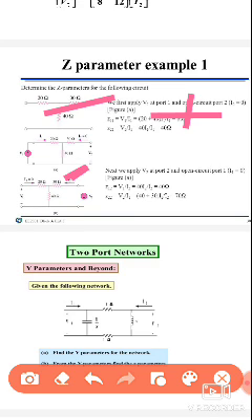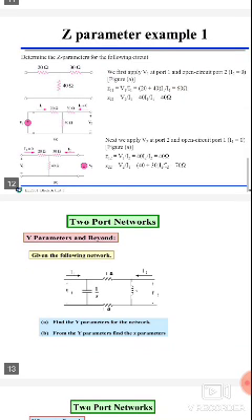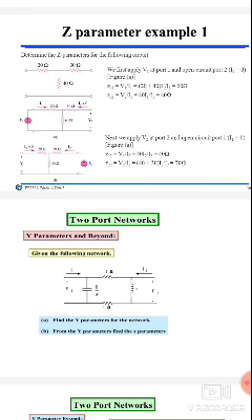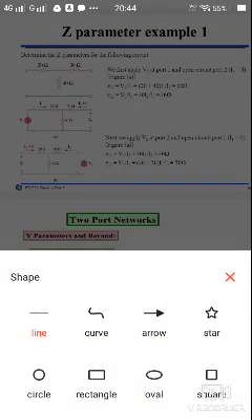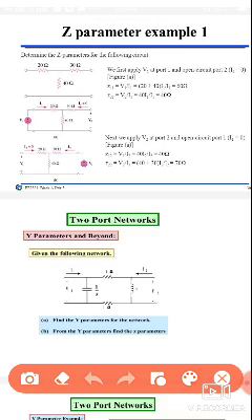Figure A represents open circuiting the output terminal, meaning we apply I2 as 0. Port 2 open circuit means I2 equals 0.